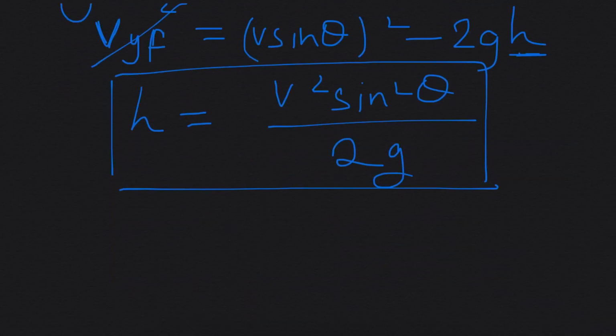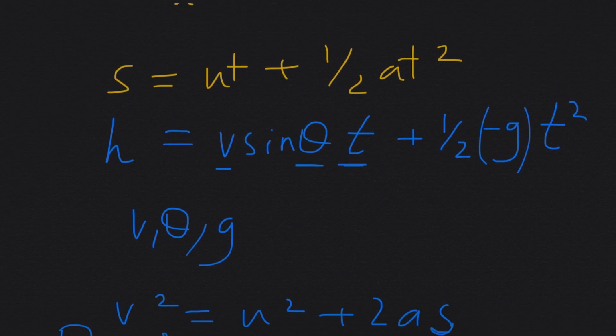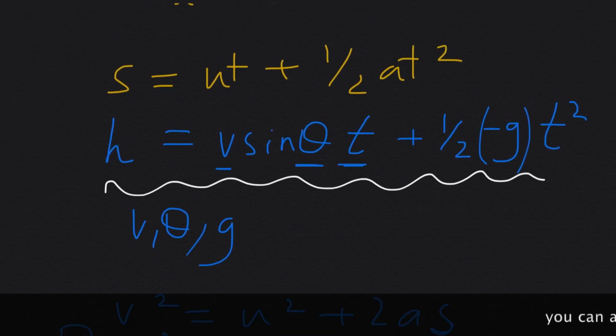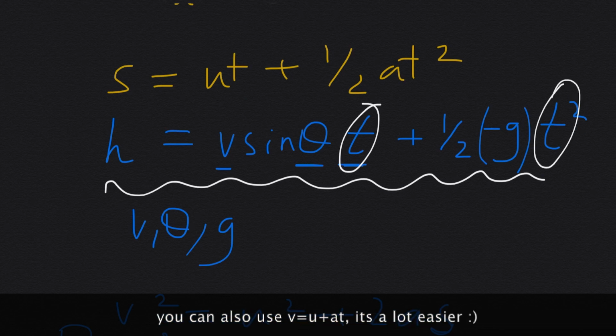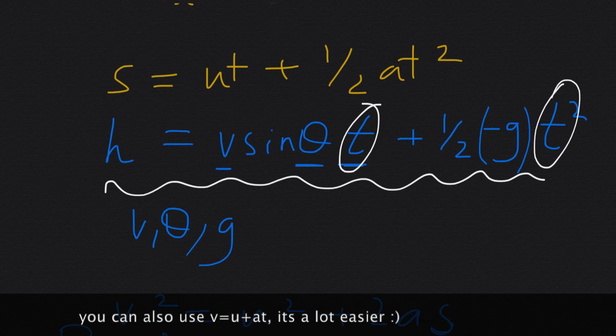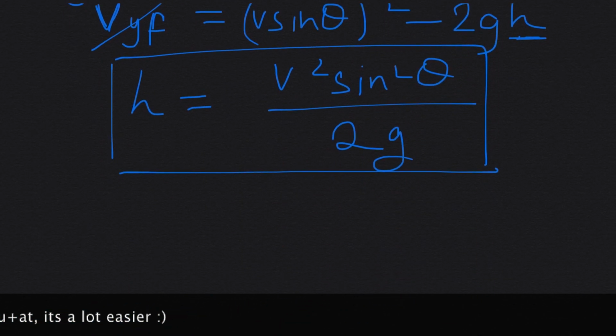Okay, so we want to solve for time now. So remember this formula we had before, and I tried using it, and then, oh no, we didn't know what time was? Well, now we can use this formula and actually solve for time. And for those of you who are actually really looking at this, you can already see that we have two time variables, and you might be wondering, how are we going to solve for this? Well, we're going to have some fun with quadratic equations.